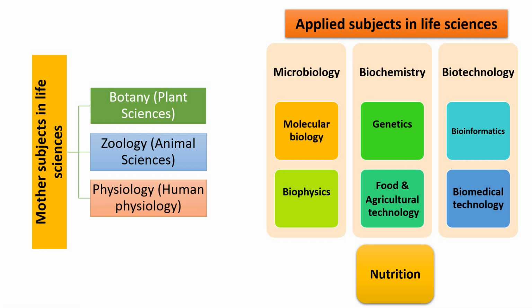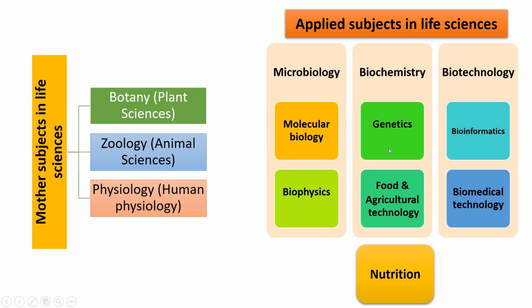But if you are focused, then you can go for any of these life science subjects, because all the subjects are very nice and have plenty of opportunities that I will discuss later on. If you choose any applied life science subject, then during the masters your options become somewhat restricted, because if you are opting for a BSc in microbiology, you cannot do the MSc in botany or zoology and physiology, or many other subjects.